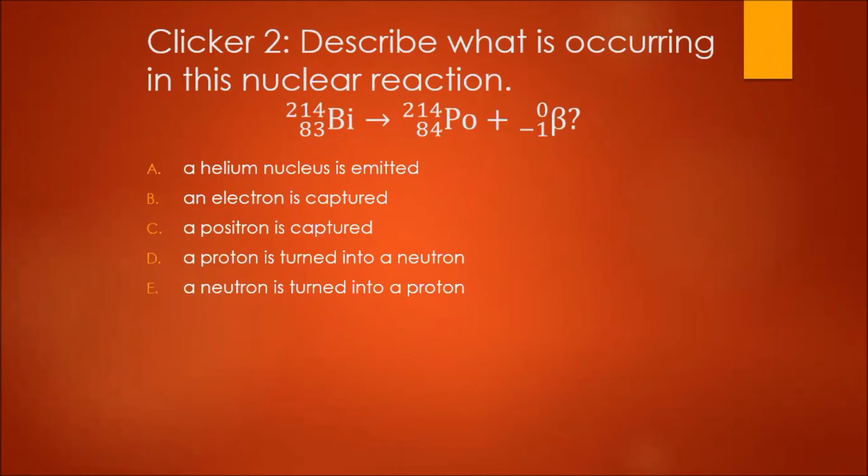You've got to think about it. What does a helium atom look like? What does it mean when an electron is captured? What is a positron? What is a proton made up of? What is a neutron made up of? As I said, I would not ask you this on a test, but still a very valid question.